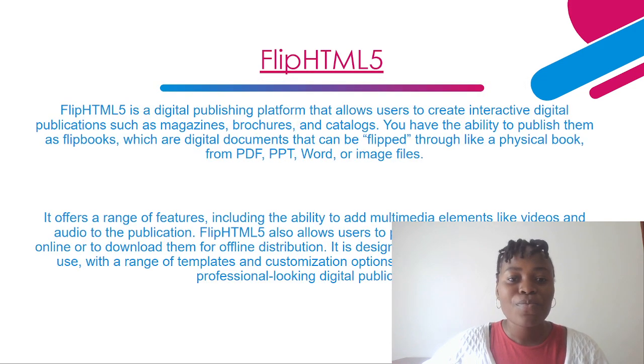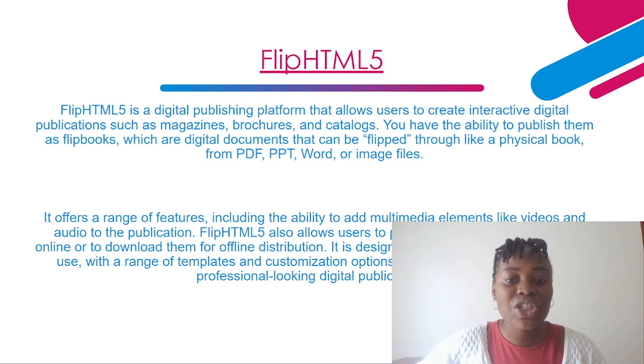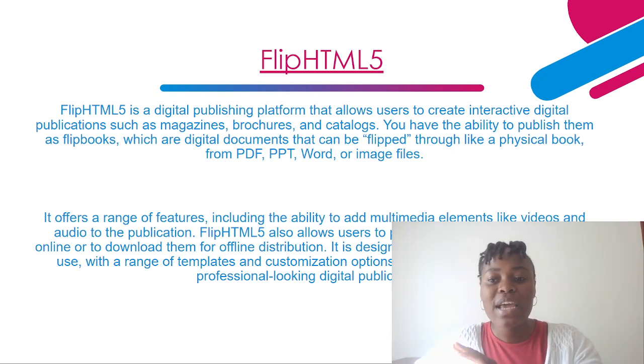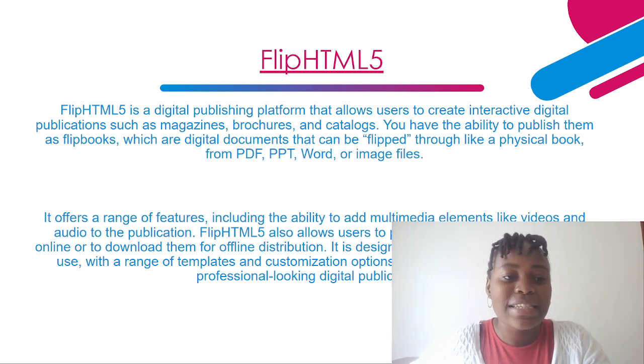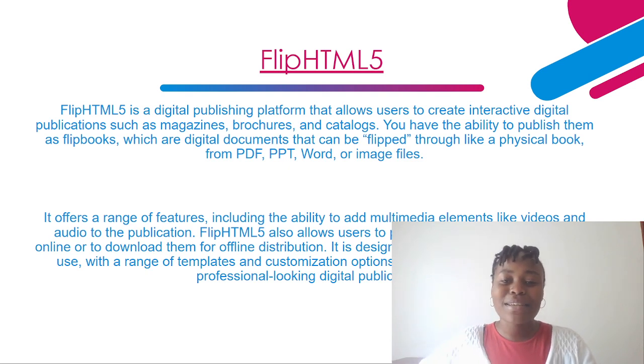And so the Flip HTML5 is a digital publishing tool that allows users to create interactive digital publications such as magazines, brochures, and catalogs. You realize that we usually share books in PDFs and all that, but the Flip HTML is in form of a book, and it allows you to share texts, pictures, and so on.